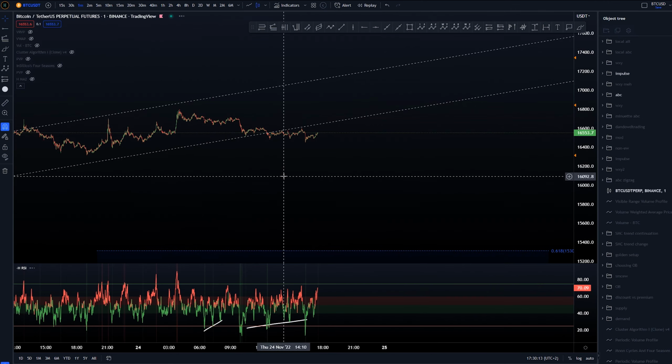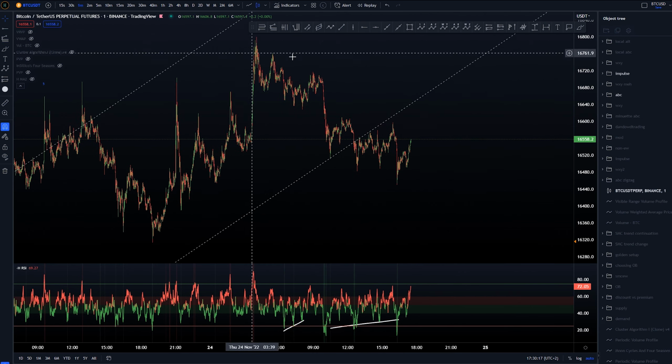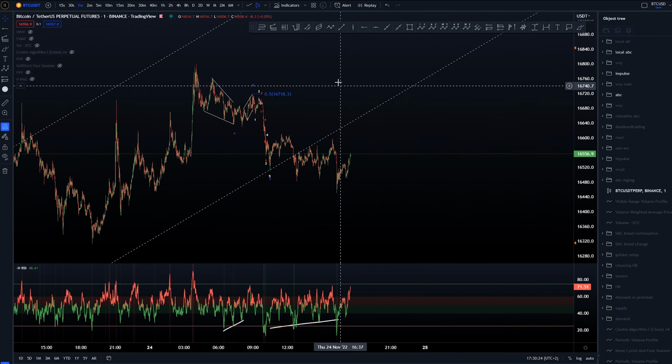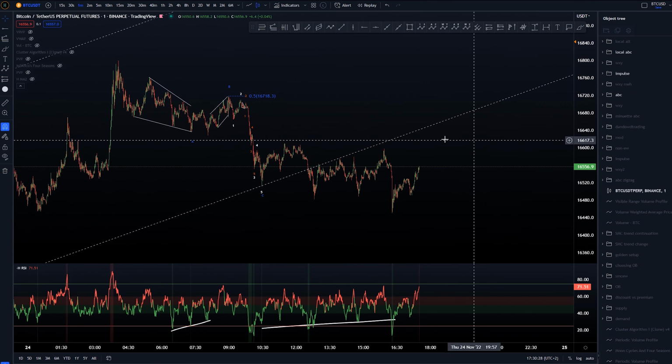Now again, if we are looking into a much smaller time frame here, we were discussing this earlier today on Discord, what this could be, and I had shown one of the counts that I thought was somewhat probable.